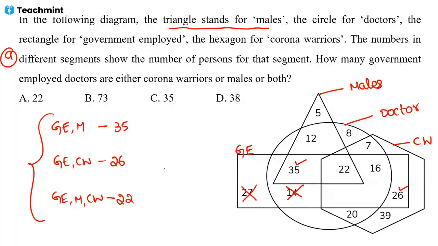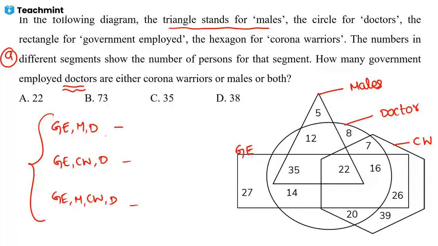Fine. Next one, they mentioned government employed doctors also. Sorry, they mentioned doctors here. So this doctor combination should also come: doctors, corona, government employed doctor. So D is added. Now one moment. We require doctor, okay, government employed, male and doctor.